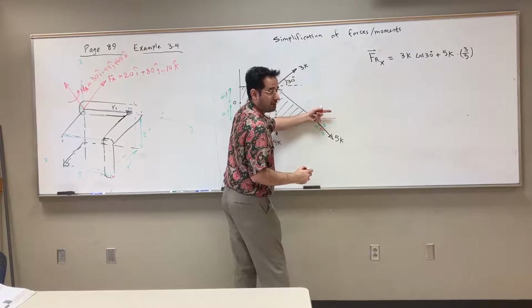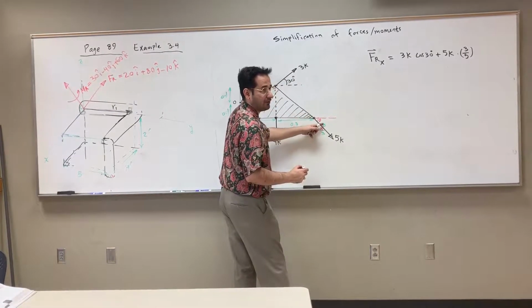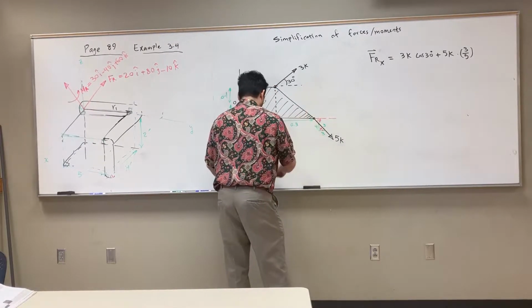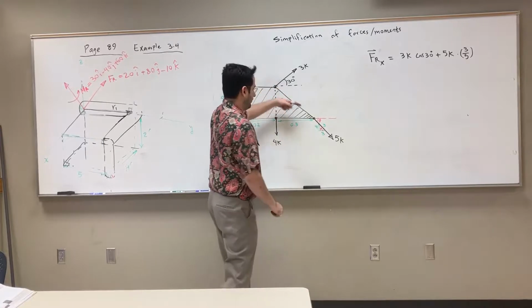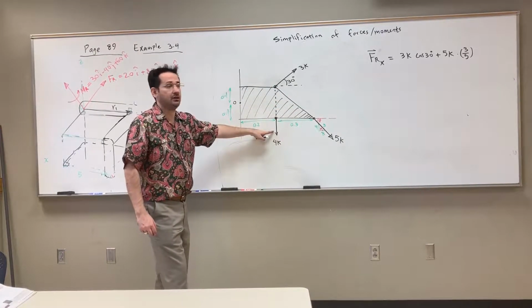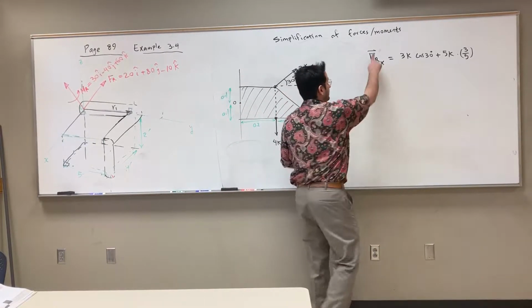And what's cosine theta? 3 over 5, right? So you get that component. This other force is purely in y, so it doesn't have an x component. So that's the x component of the resultant force.